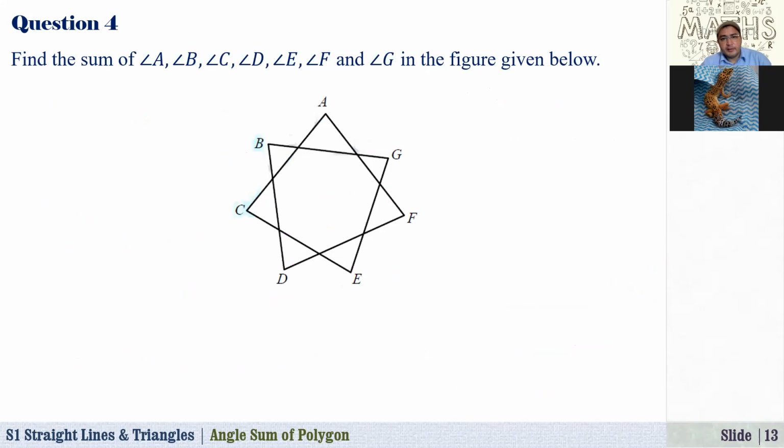Okay. Another question. Find the sum of A, B, C, D, E, F, and G in the figure below. How do you prove that again? Of course, in this kind of question that I told you, if the picture is bigger, then we can see this much better.